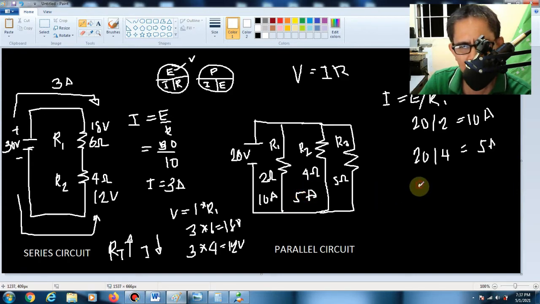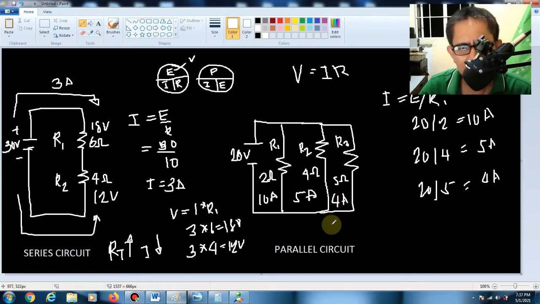Pagdating sa R3, so ganun din, voltage divided by 5. Okay? So this time 20 divided by 5, so equals 4 amperes. So ibig sabihin yan, 4 amperes flows in the 5 ohms resistor. So we have the 4 amperes. Right.